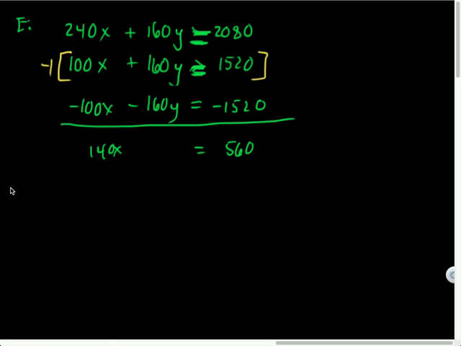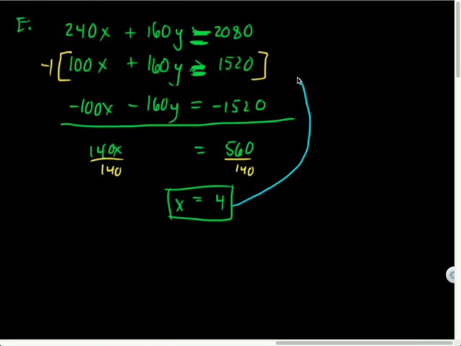Let's see, is that going to fit in 4 times? We'll find out. Divide by 140. What's 56 divided by 14? 4. Okay, so it was exactly 4. Now I am confident. In order to find the corresponding y coordinate, I could plug this into this equation's x. So I'll have 100 times 4.